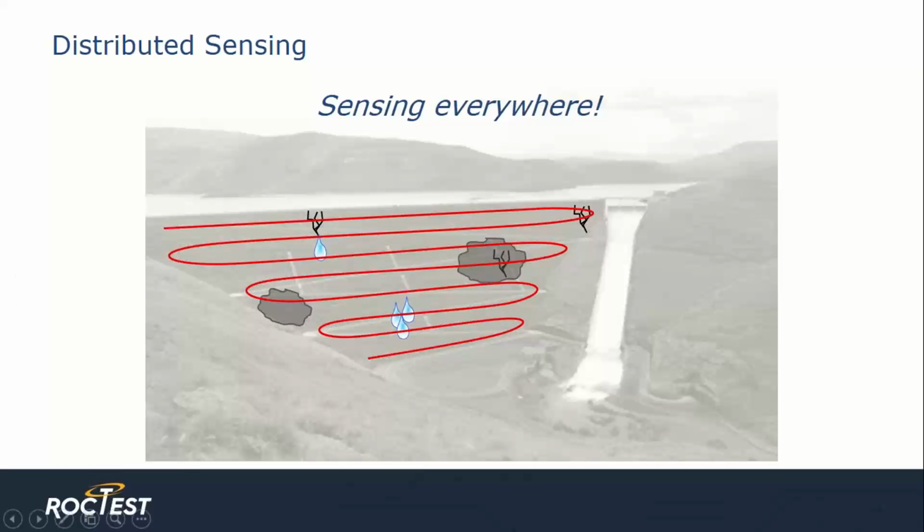We can monitor the dam using distributed technology in a way that would simply be too cost prohibitive using traditional sensors. Each of those traditional sensors requires its own signal cable, and each requires its own installation effort.